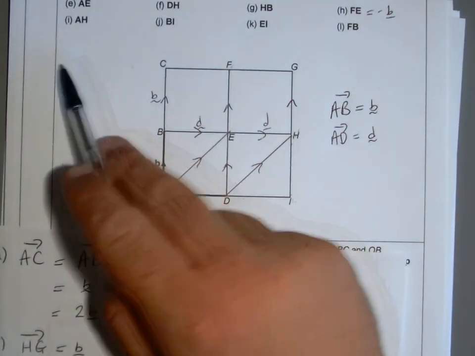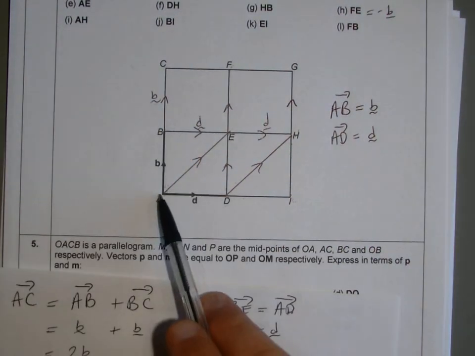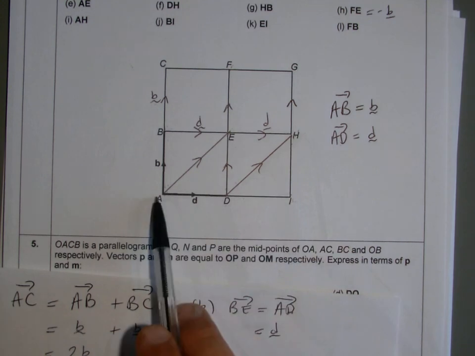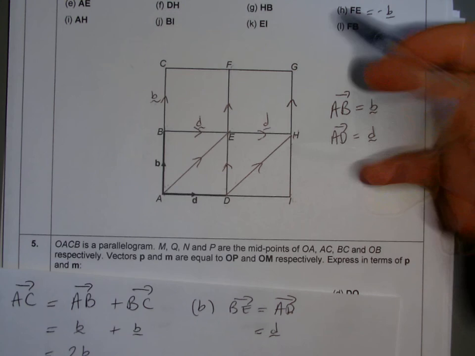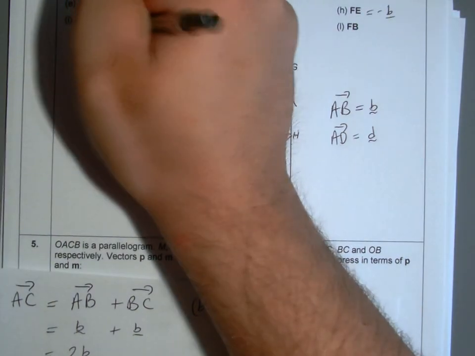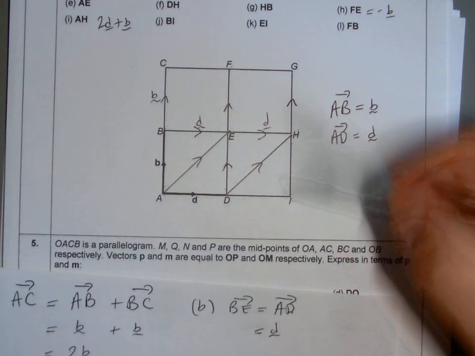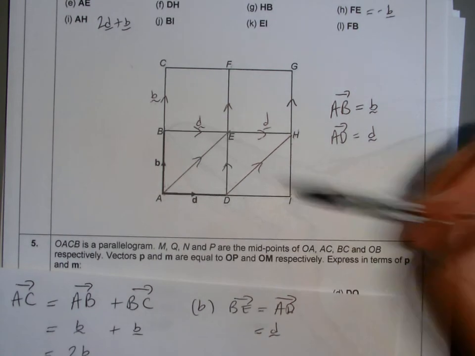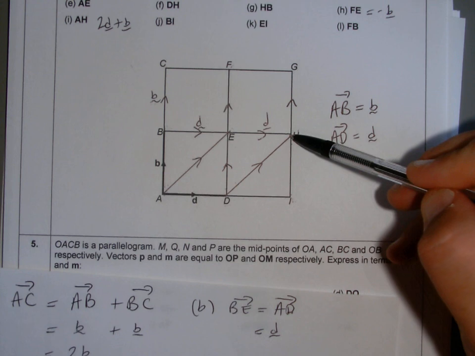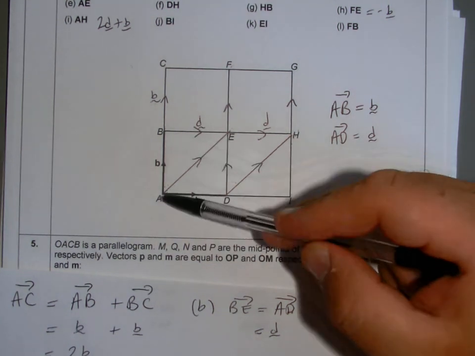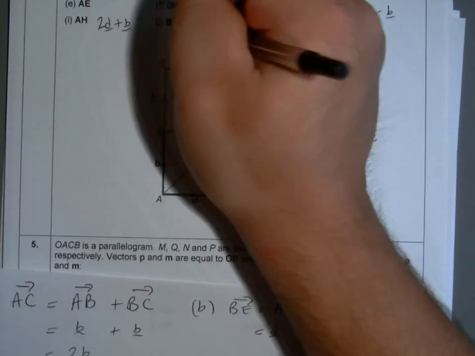AH, going from A to H, is the same as going across here, 2d, and then up here, b, so 2d plus b. BI, so B to I, that's the same as going across here, 2d, and then going this way, which is the reverse of b, so 2d minus b.